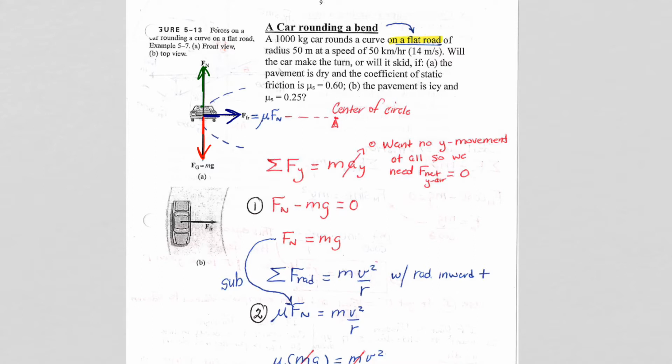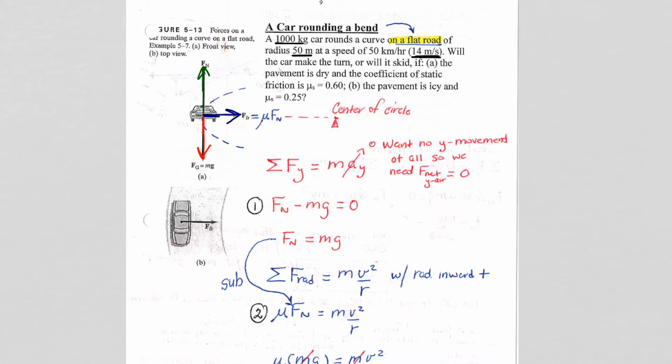Now, the numbers we're given will be helpful for your understanding, so let's look at that. We have a 1,000 kilogram car. The road is flat. The radius of curvature of the road is 50 meters, and the car is moving at 14 meters per second.